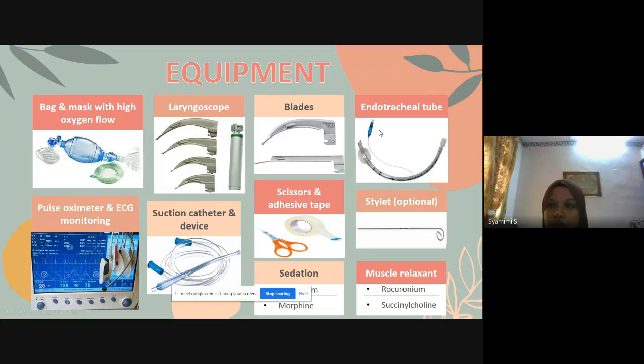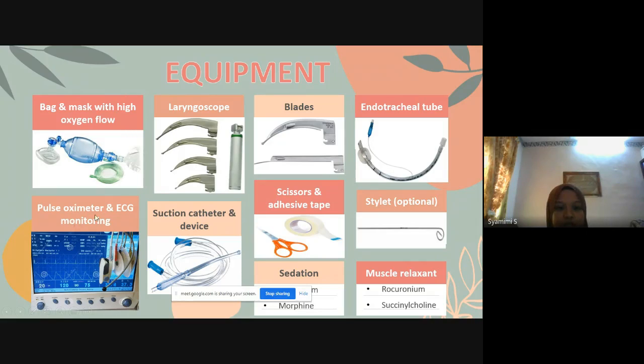This also depends on the patient's age. If the patient is below 1 year old, the size of the tube is according to their weight. But if the patient is more than 1 year old, you need to calculate using the patient's age for the exact size of the tube.